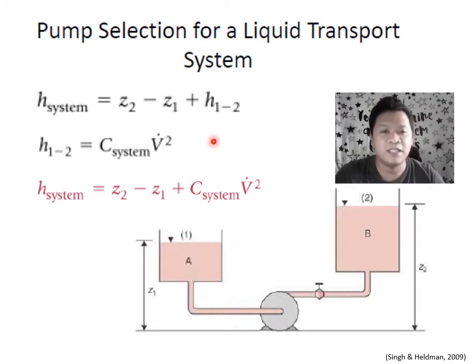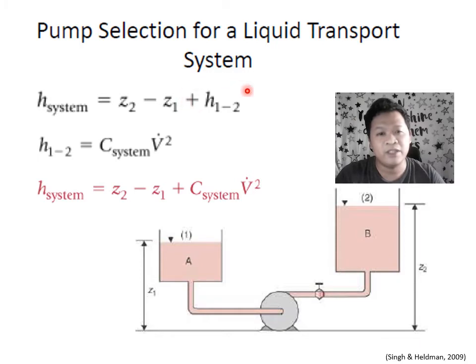So take for example, we have the system head, which is of course dependent on system elevation, fluid elevation, and other things. This is given by the difference in the height between the discharge and suction side. Kasi yun yung kailangan mong i-overcome na height difference.